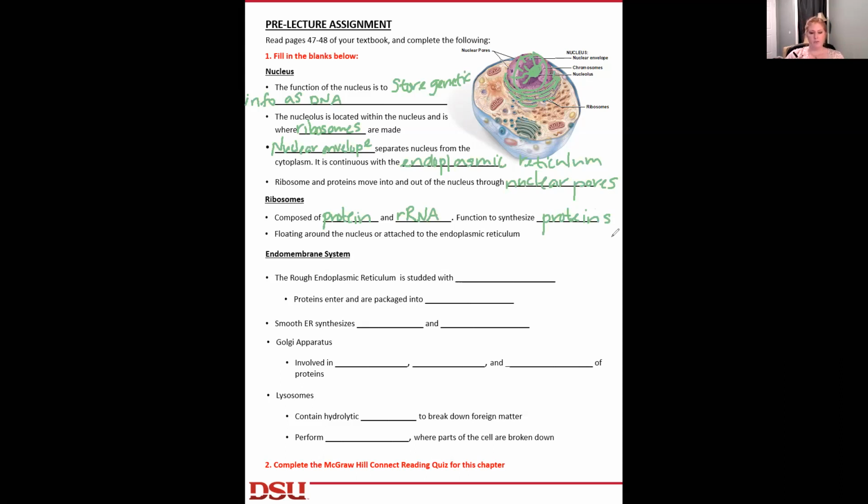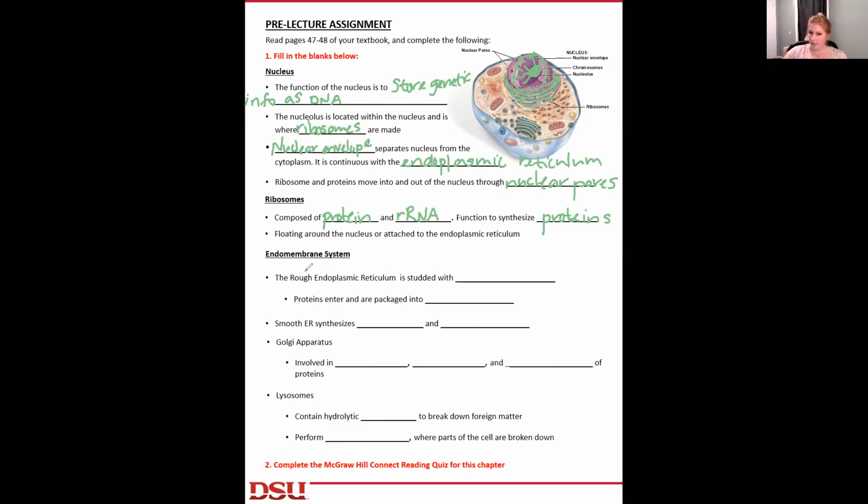Ribosomes can be found either free-floating in the cytoplasm or attached to the endoplasmic reticulum. Either way, their job is the same as far as protein synthesis, but the only thing that really differs is kind of what those proteins are going to be used for, okay?